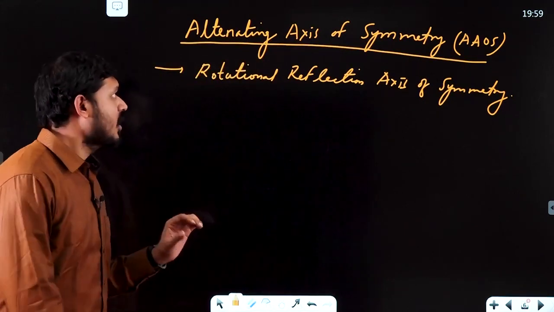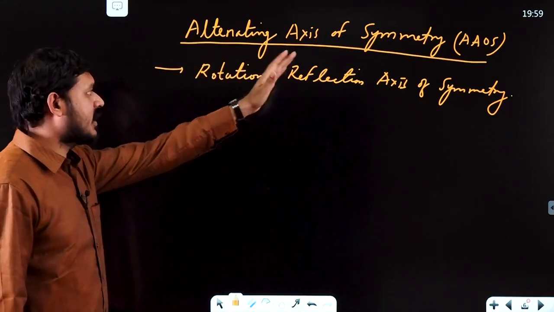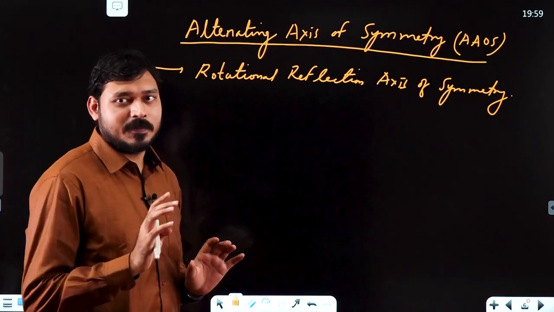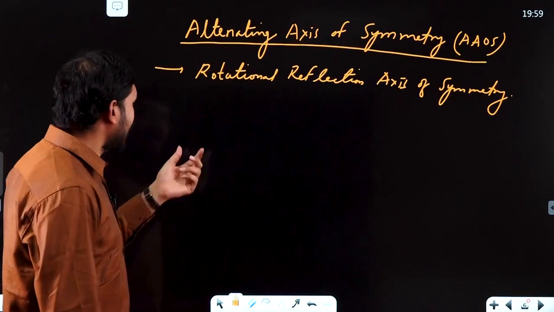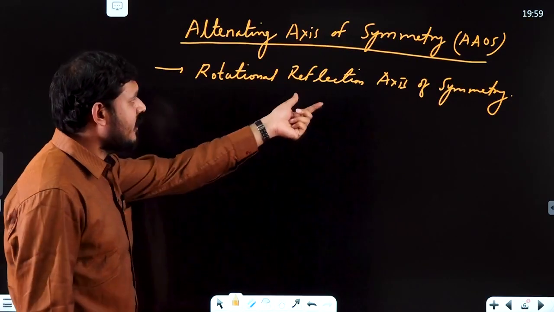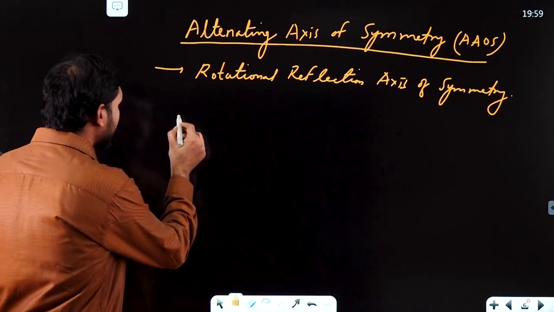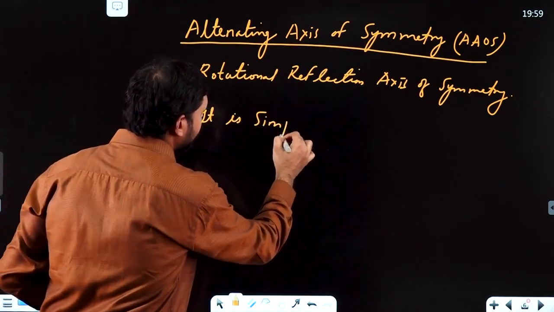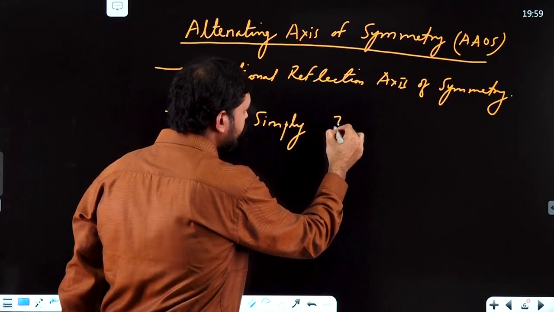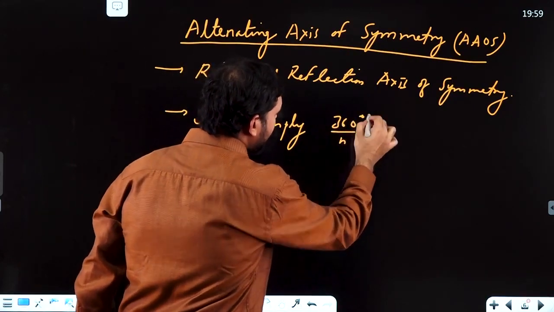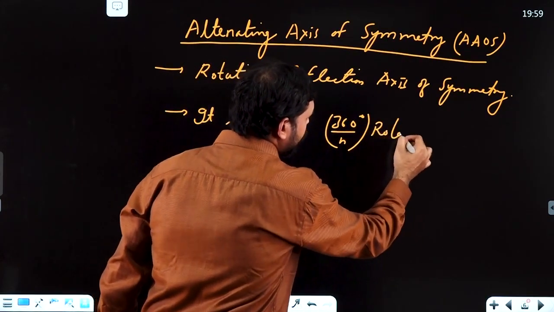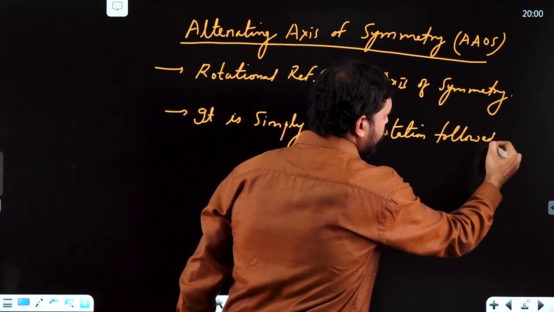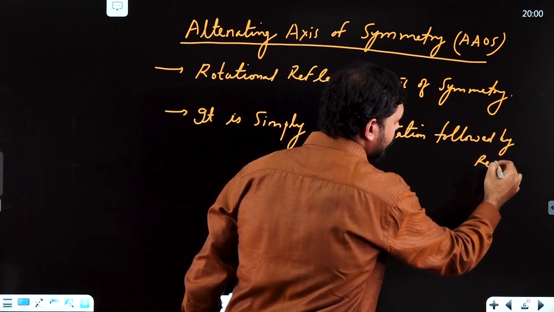When we talk about alternating axis of symmetry, AAOS, we have to remember a few points. Now what is this? It is also called rotational reflection axis of symmetry. What does it mean? It is simply 360 by n rotation followed by reflection.